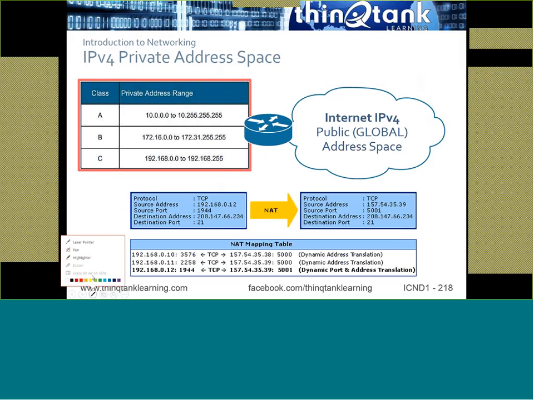Just a quick review of what we talked about yesterday, the RFC 1918 address space. That is our Class A, Class B, and Class C reserved address space. The entire 10 subnet in the Class A range is private, which means that you can use that in any way you wish as long as you translate that before you go to the internet. Now, in the Class B range, we use a subset of addresses.